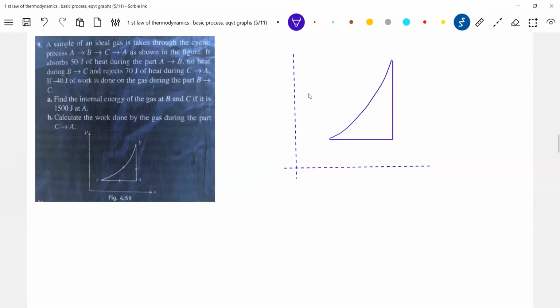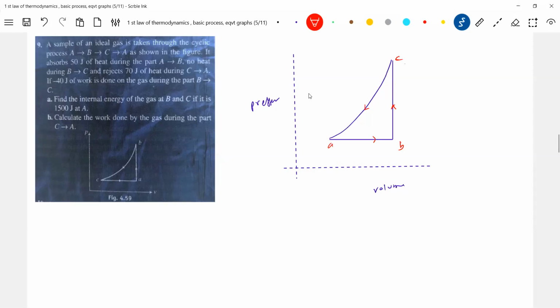Let it be whatever it is. There's a pressure axis and a volume axis. Now look at the arrows, they are like this. These are very important. This is based on the first law of thermodynamics.